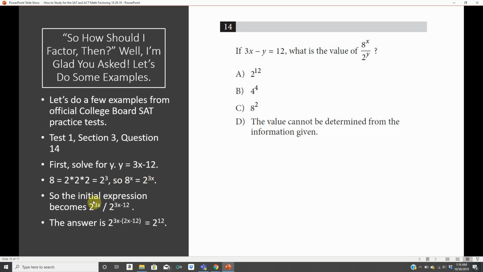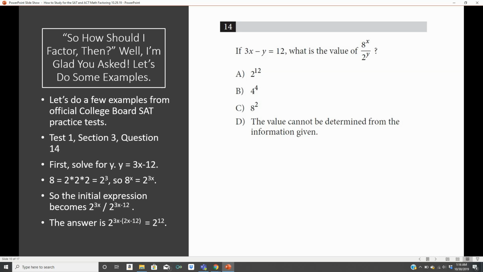And so the initial expression becomes 2 to the 3x over 2 to the y, which is divided by 2 to the 3x minus 12, because we know that y is equal to 3x minus 12. So when you divide powers of the same number, you just subtract the exponents. You subtract the exponent on the bottom from the one on the top.